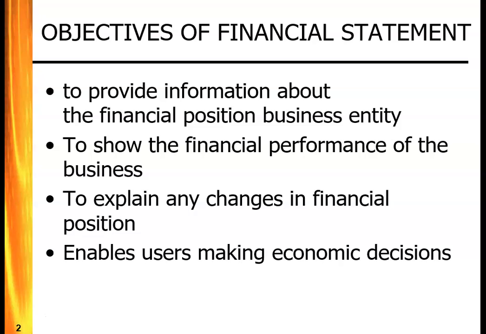However, looking at the financial statement of a particular year alone is not very meaningful for the users to make economic decisions. They need to compare the information or the data in the financial statements to get more meaningful results or information that they can use to make decisions.